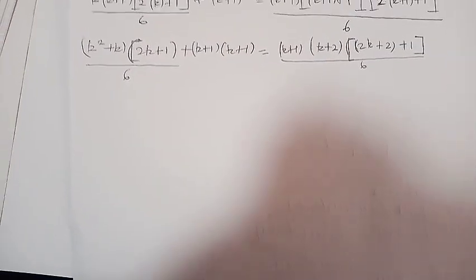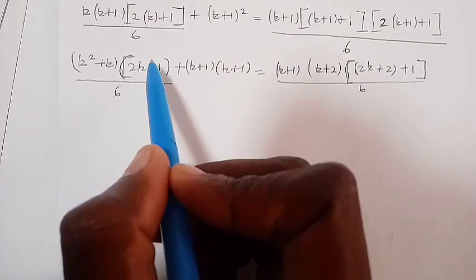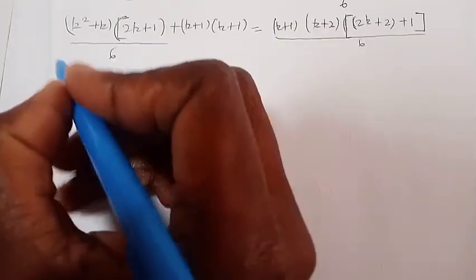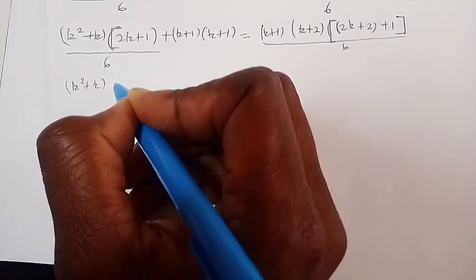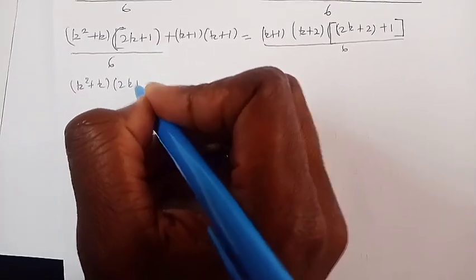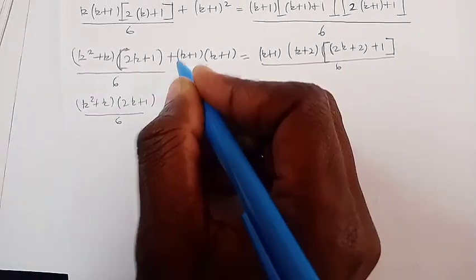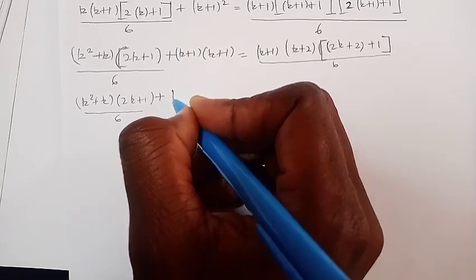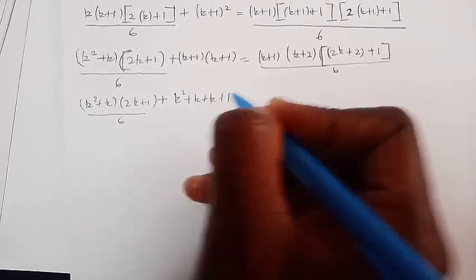Now we're going to simplify this here. So I will rewrite k squared plus k, and then I'll rewrite 2k plus 1, then I'll divide it by 6, and then here I'm going to multiply these two brackets together, and what do I get? I get k squared plus k plus k plus 1.